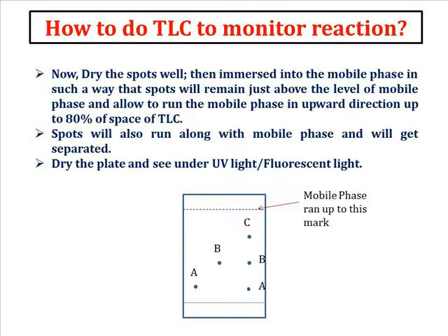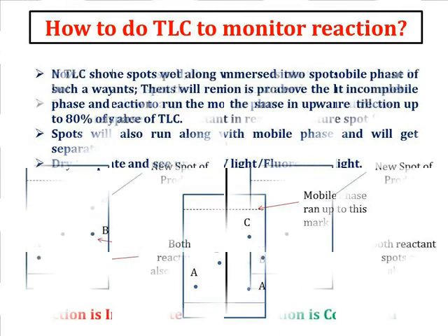Let it run up to a little less than the top of the TLC plate. Don't allow it to run all the way up to the top edge. Finally, dry the TLC plate and check it in UV light.